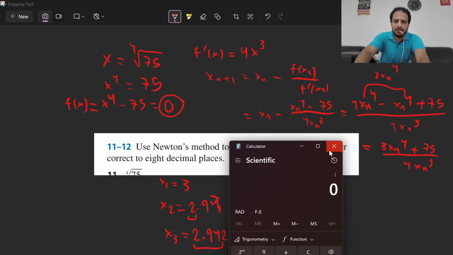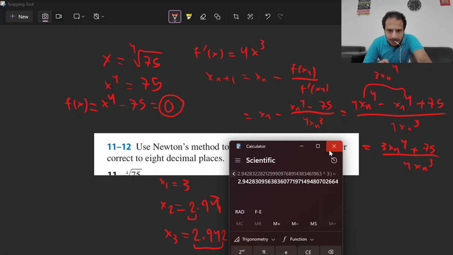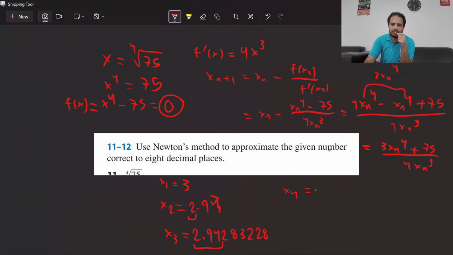So open, then 3 times Control V power 4, then plus 75 close divide open 4 times Control V power 3 close. You get this number. What are the correct digits now? Until 283. Yes, thank you.